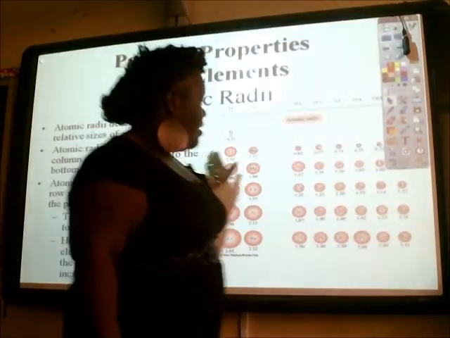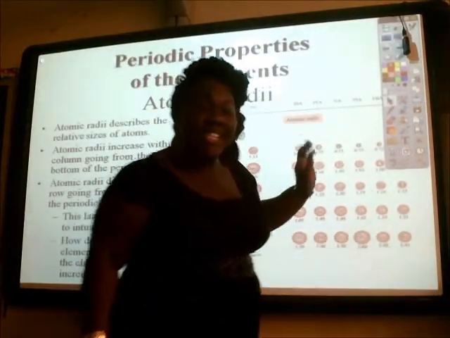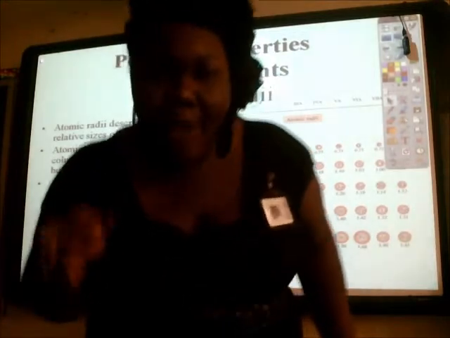Well, it deals with something we call electronegativity, and we'll talk about that in just a second. But all you need to know is that the atoms, as we move from left to right, really, really like electrons. So much so that even though the electron number is going up, the atom wants to keep the electrons closer.